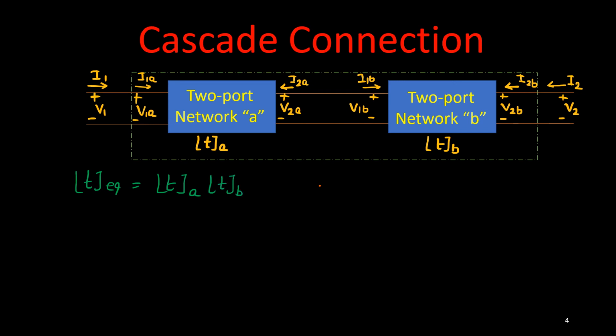If more are connected one after another, TC, TD, you can multiply those also. So you can cascade many two-port networks, and the equivalent T is very easy to find this way. This is one beautiful property of cascade connection, and we can exploit it.